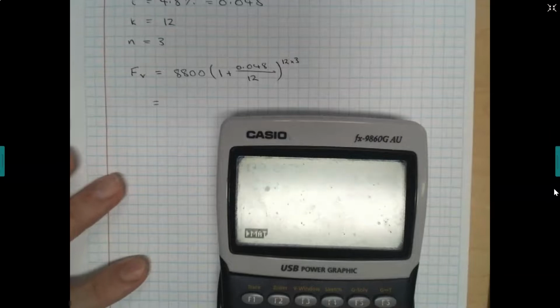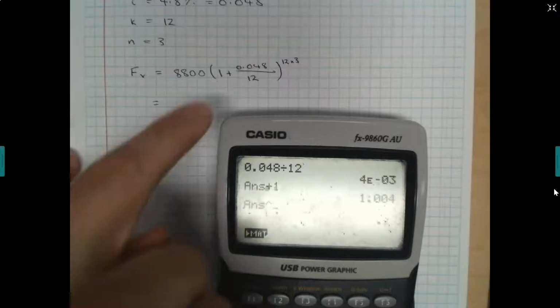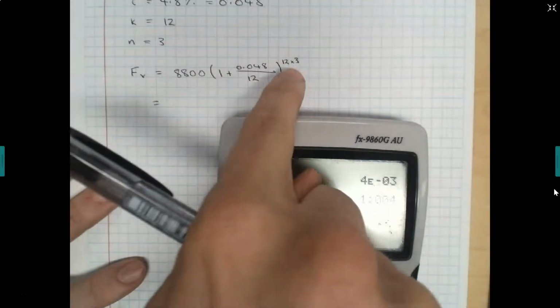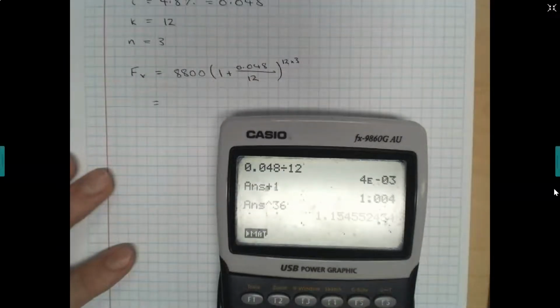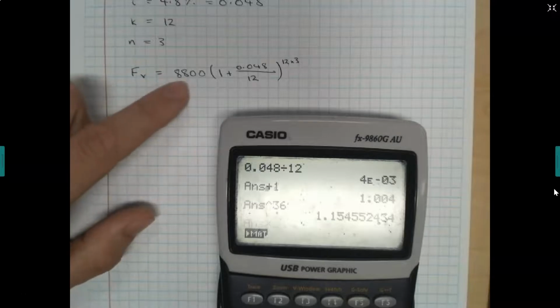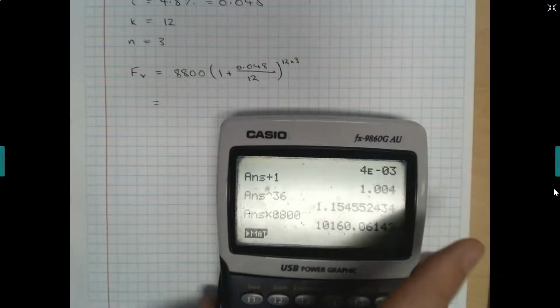So 0.048 divided by 12 plus 1 to the power of, so I've just done what's in that bracket. 12 times 3 is 36. And then I have to times it by my principal, 8,800, which gives me 10,160 and 6 cents.